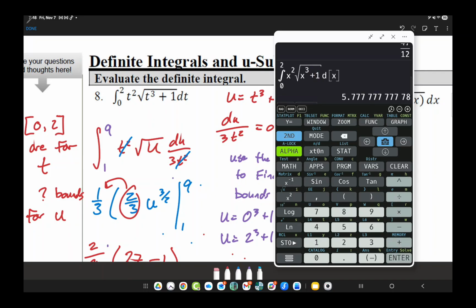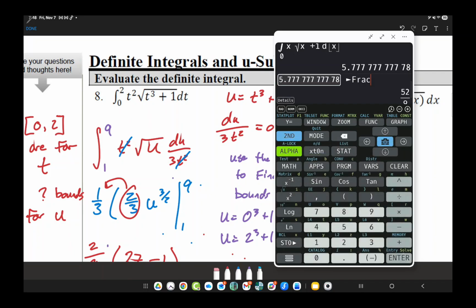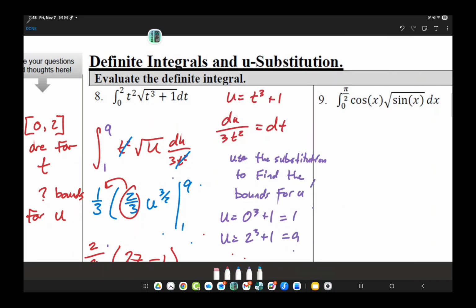And then we take our answer, math, and write that as a fraction, 52/9. So I think this right here should be the biggest selling point for if you have your calculator, use your calculator. Okay? Instead of doing all this work, if you have a calculator, you'd use your calculator.